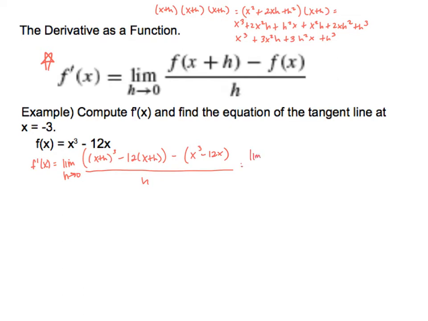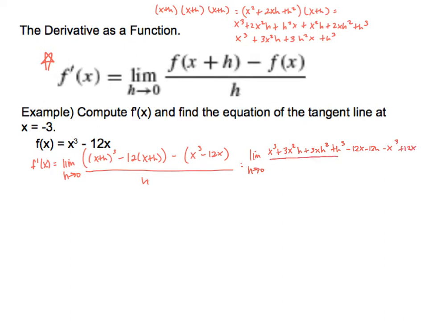So limit as h approaches 0 of x cubed plus 3x squared h plus 3xh squared plus h cubed minus 12x minus 12h minus x cubed plus 12x.